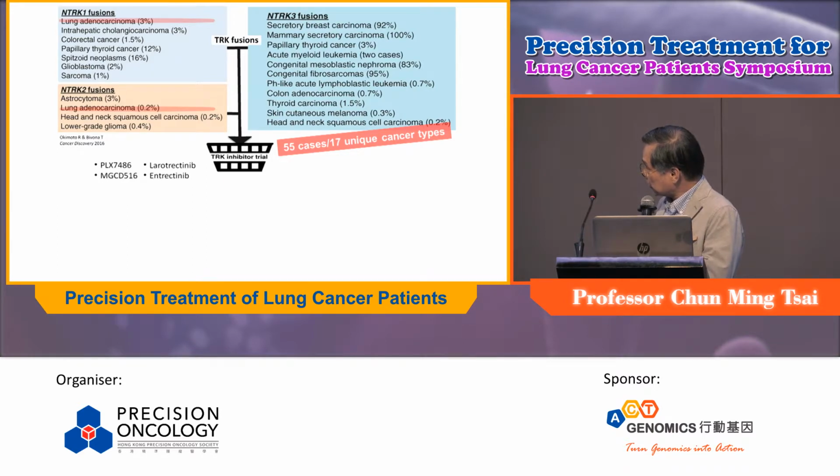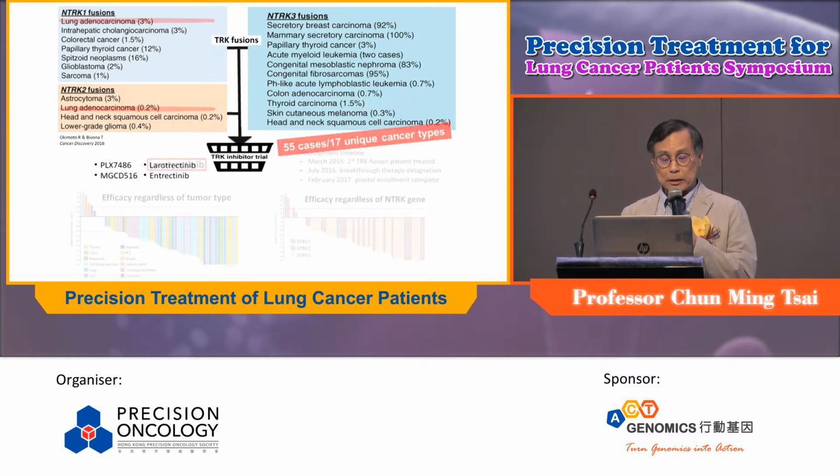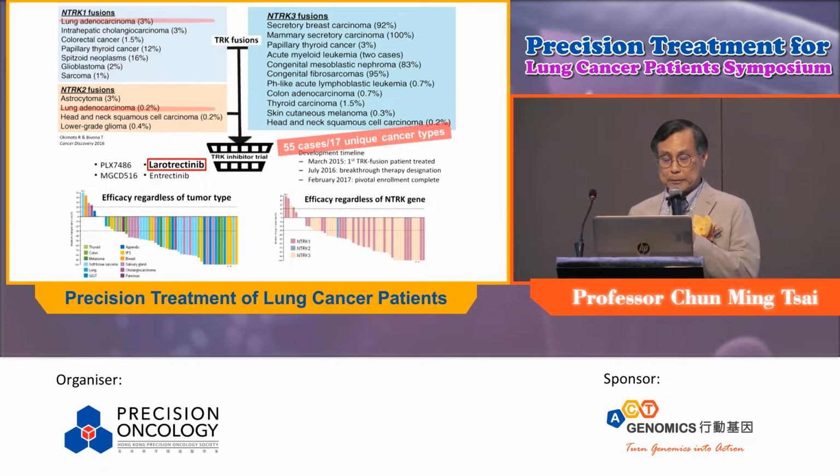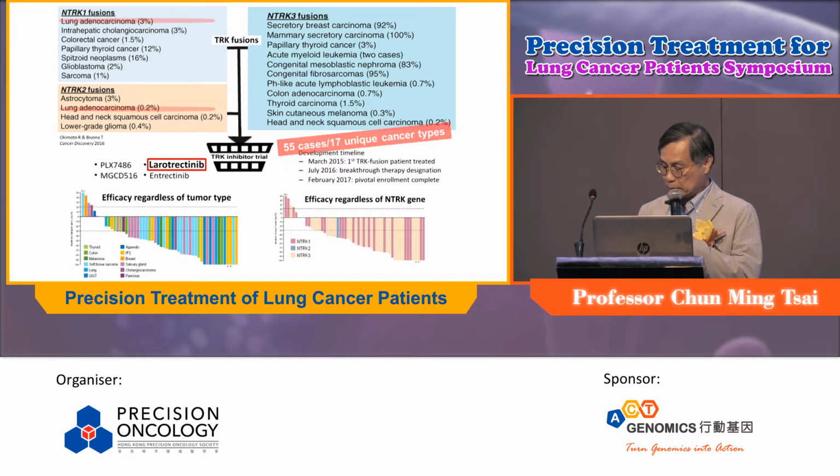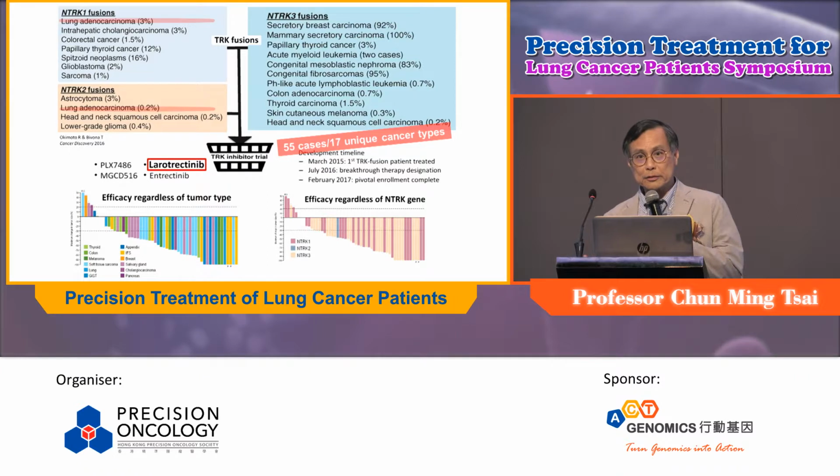NTRK genetic change happens in many kinds of tumor. In this particular study, larotrectinib was tested in 55 cases of 17 unique cancer types. The enrollment period, with the help of NGS, was only 2 years.